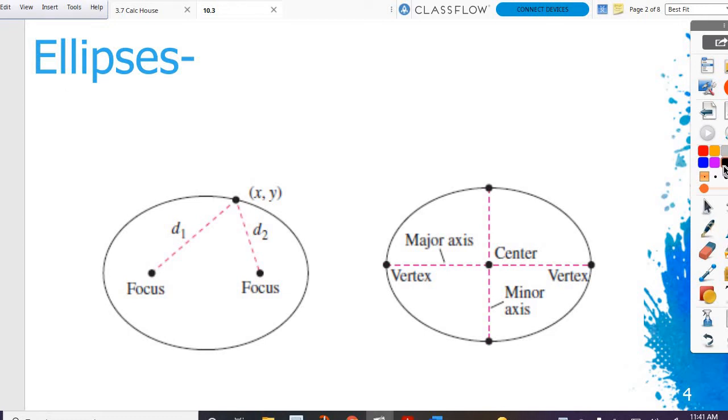Alright, so our ellipse, we're going to look at the geometric definition just like we did for our parabola.